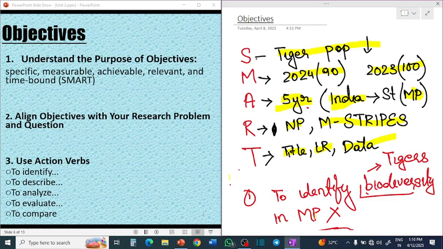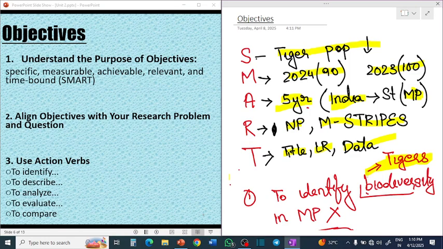We are not dealing with the biodiversity of the whole of Madhya Pradesh, but only with the biodiversity in relation to tigers, how the biodiversity of the particular place, in this case Madhya Pradesh, is affected. So your objectives have to align with your research problem.